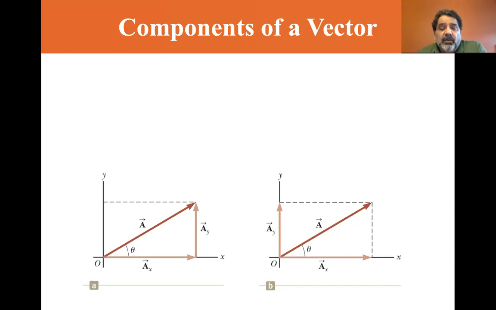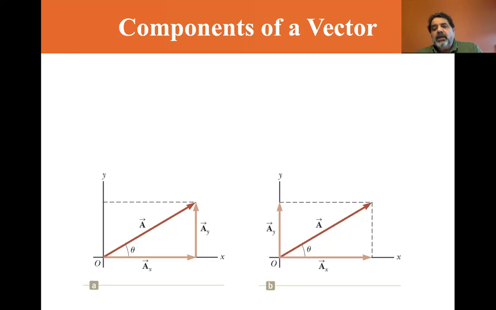But this is also one of the ways that we represent components of a vector along the axes. So you see vector A there, and AX lies along the x-axis, and AY lies along the y-axis.